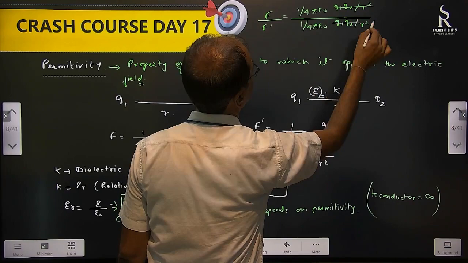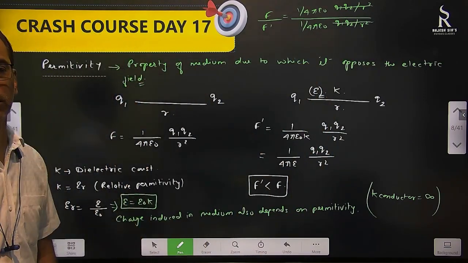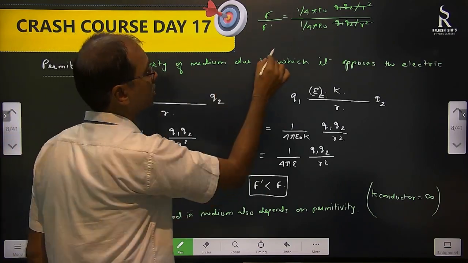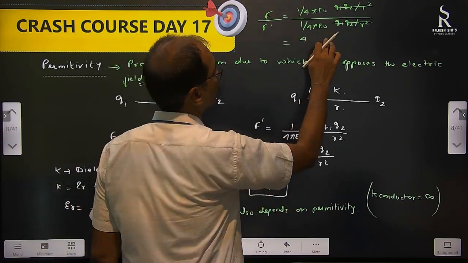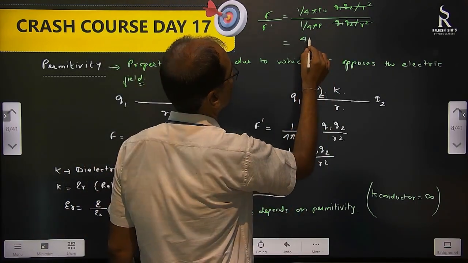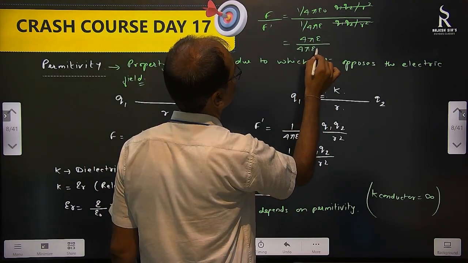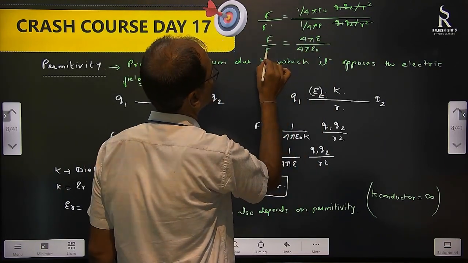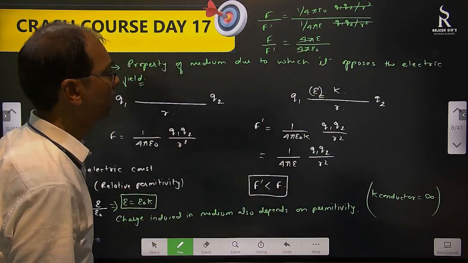So this and this get cancelled. Now 4 pi epsilon by 4 pi epsilon naught equals F by F dash. 4 pi cancelled, so epsilon by epsilon naught.